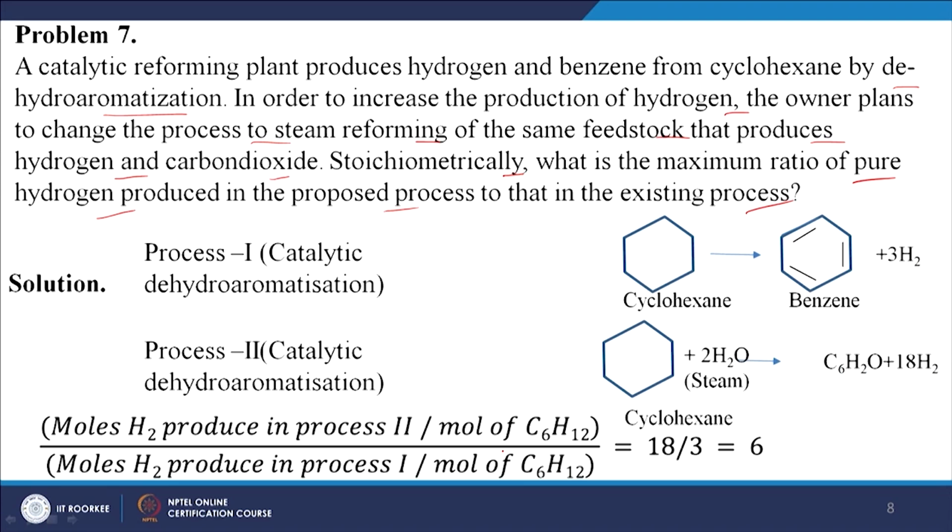So, for cyclohexane, this is the existing process, dehydroaromatization, and this is the second process which the owner is proposing, to reform it in presence of steam in this form. So, 1 mole of cyclohexane gives 3 moles of hydrogen in the existing process, whereas the proposed method gives 18 moles of hydrogen. So, what will be the ratio? 18 divided by 3, that is equal to 6.